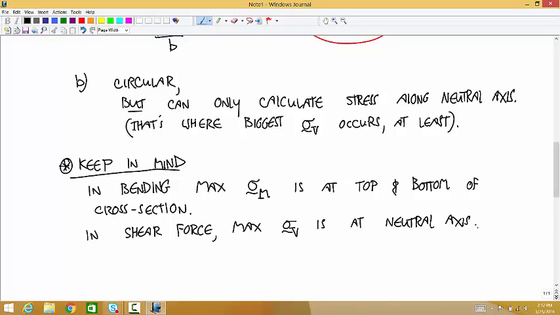So if you're dealing with a beam that has both bending moment and shear force, and you're trying to figure out where the total stress tensor is going to be biggest, now there's this complicated interplay between these two. Can you understand what I'm talking about?